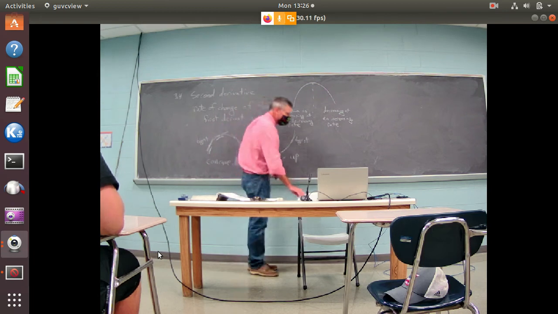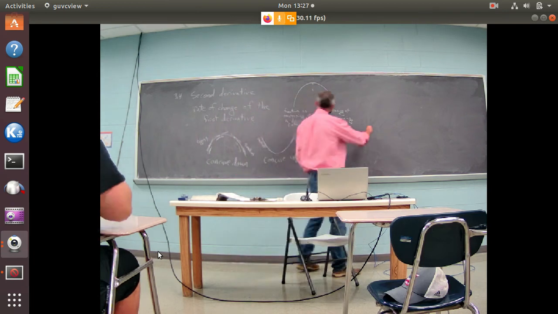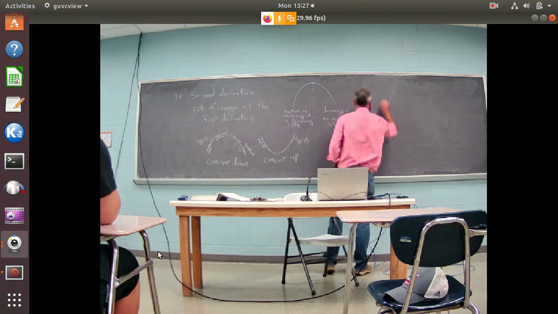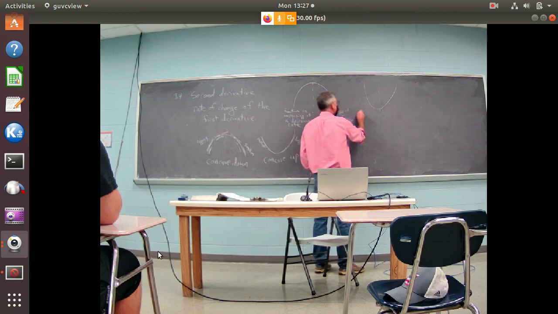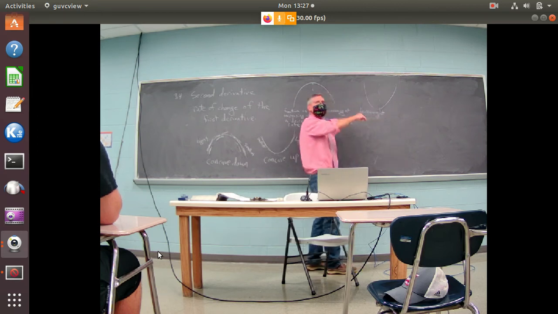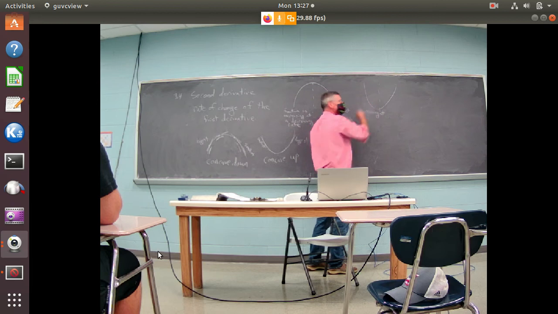And then similarly, if we have our concave up, on this side, it's decreasing at a decreasing rate. It's getting less and less and less steep. So decreasing at a decreasing rate.